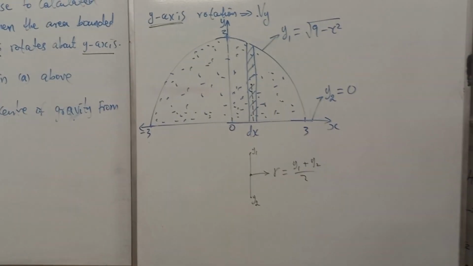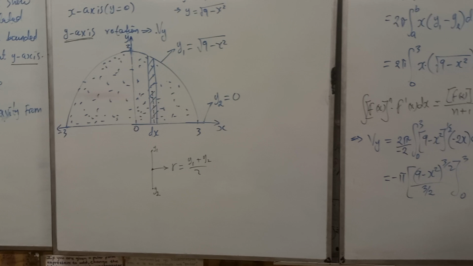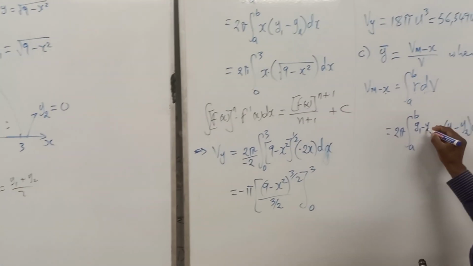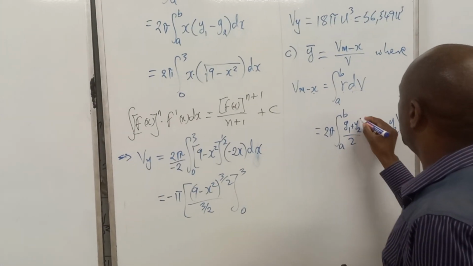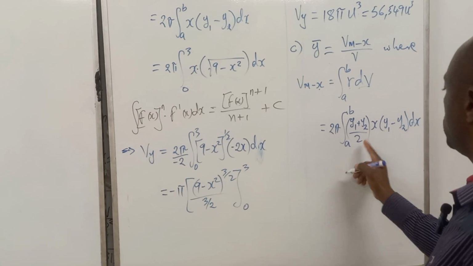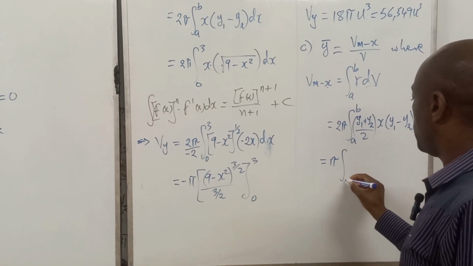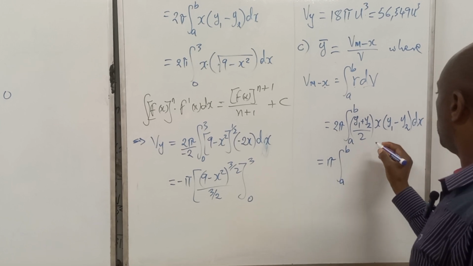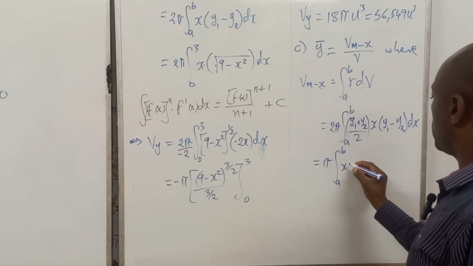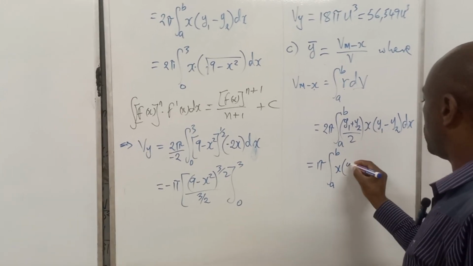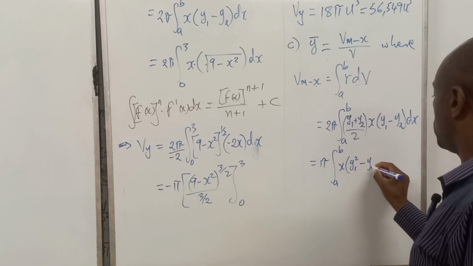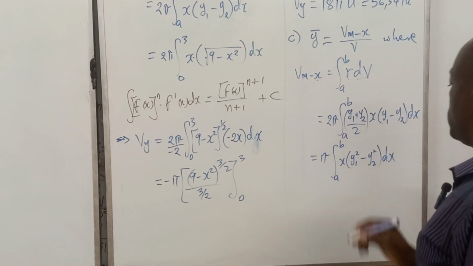So that's where we get our r being y1 plus y2 over 2. With this, the 2 goes out to make 2 pi into pi, the integral from a to b, then I'm left with x in there. y1 plus y2 times y1 minus y2 is y1 squared minus y2 squared dx.